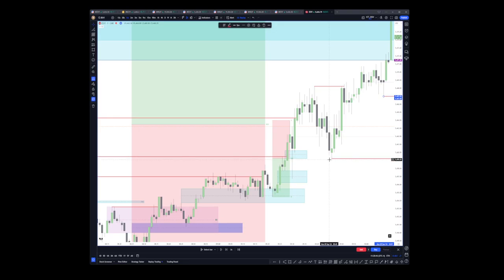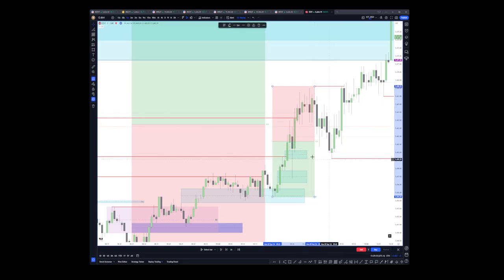If you look at this one here, if you missed this, it went up and then again came back down. You could have still taken a trade when it came back down here. You basically extrapolated back up, right?